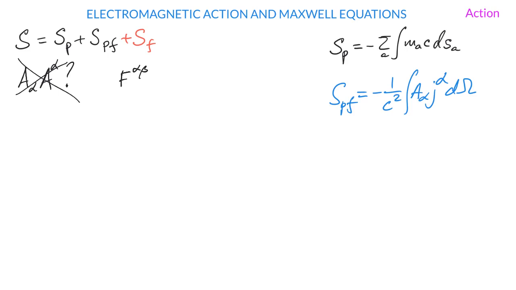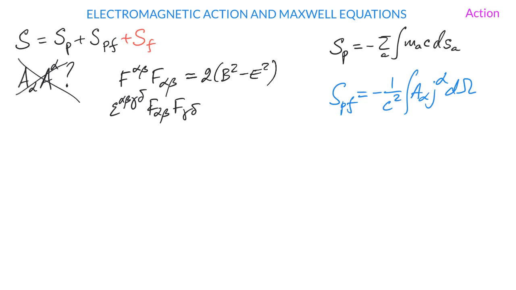Field invariants are scalar quantities that you can obtain by contracting indices in quadratic expressions based on the F tensor. So there are two of them. There's F contracted like this, and the other one was the contraction with the epsilon tensor. The first term is equal to twice B squared minus E squared, and the second term is negative 2 E dot B.